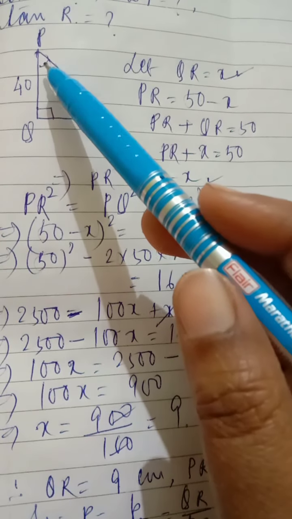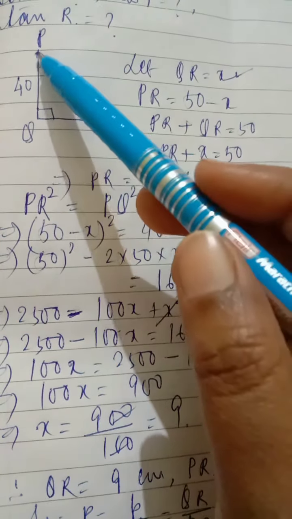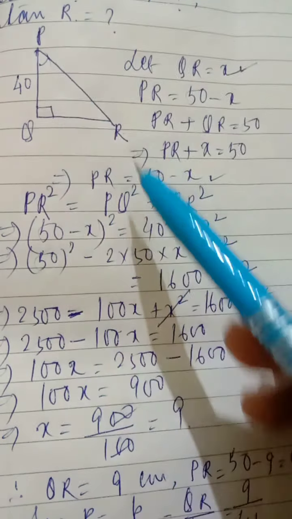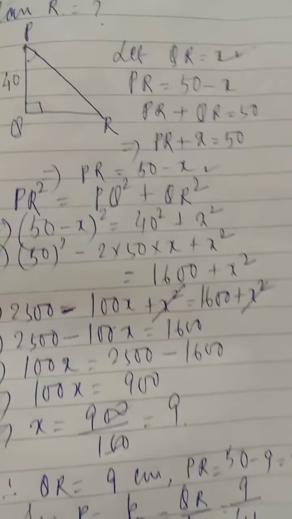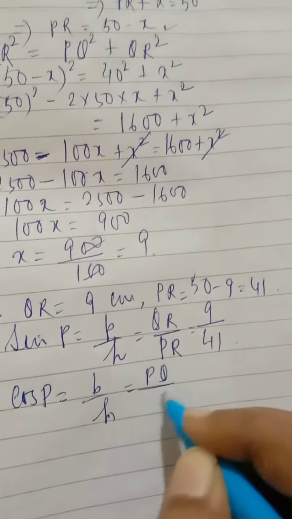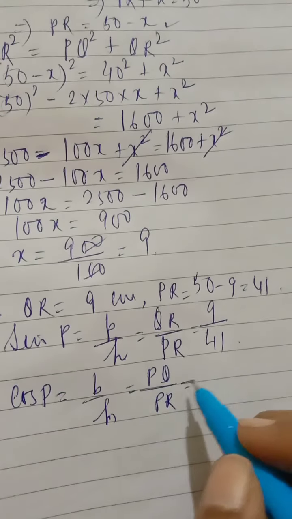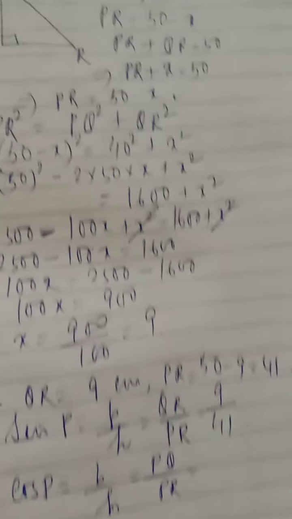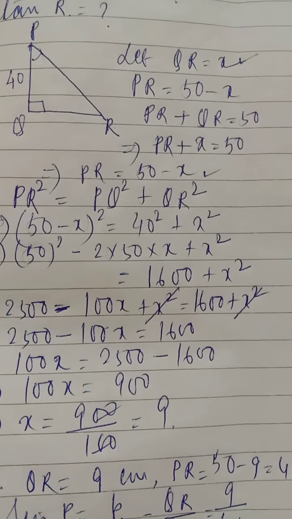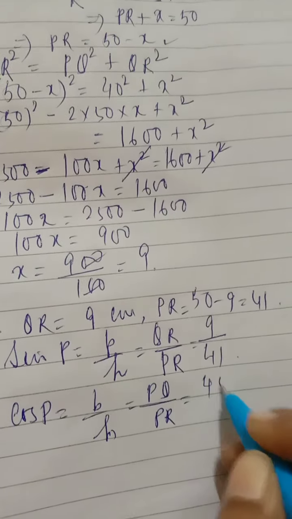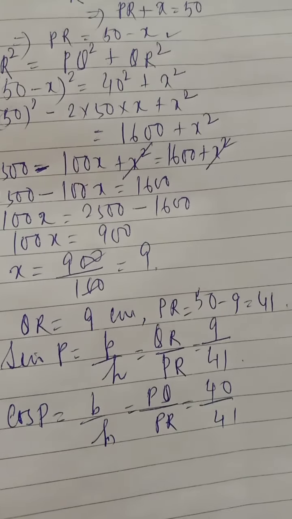You see this is the angle P and this is the 90 degrees, so obviously PQ will be the base here. So it's PQ by PR. Now PQ we have 40, it was given in the diagram only, and PR 41. So the answer will be 40 by 41.